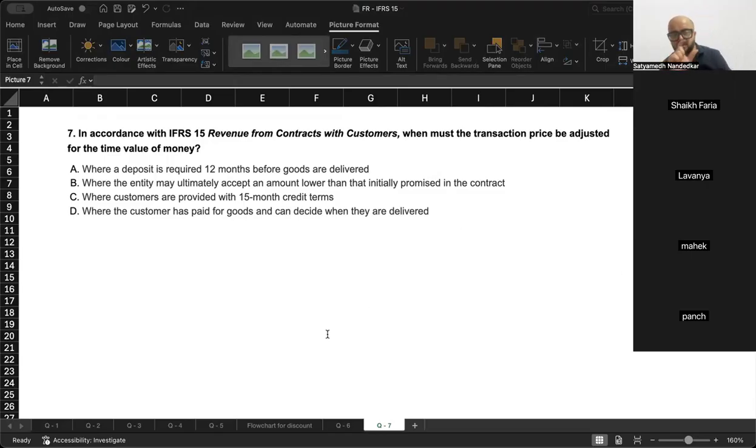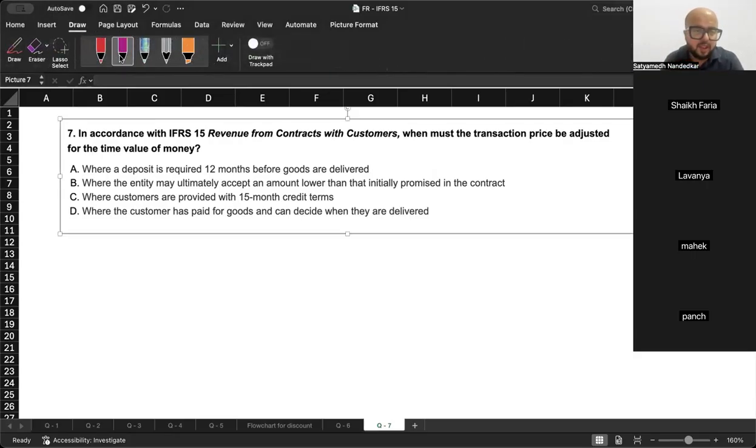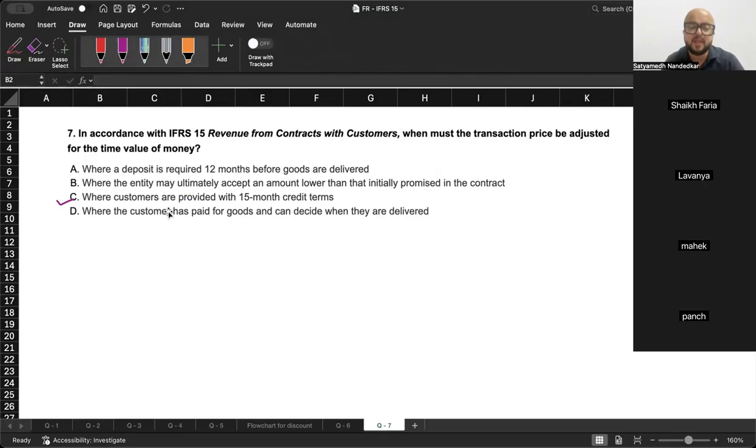See, option C, where customers are provided with 15-month credit term, that means there is a significant time gap between date of billing and date of collection. So in that case, the transaction price will be adjusted for time value of money, what we saw just now. ठीक है?